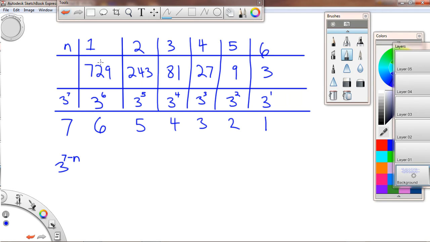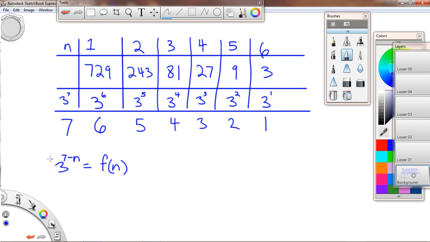When n is 1, it's going to go down to 6. When n is 2, this will go down to 7 minus 2 is 5. So this is the expression we're looking for. And we could call this like an f of n, a function of n. Okay, it's an expression of n that allows us to find these numbers here.